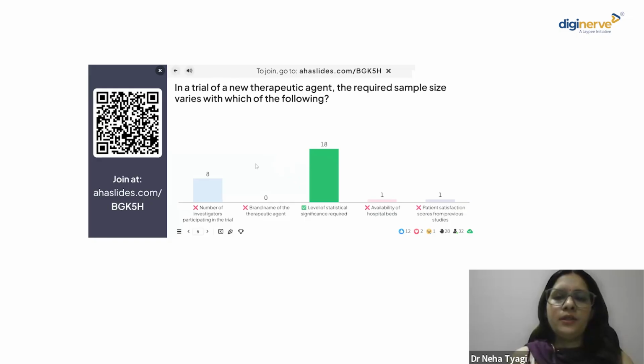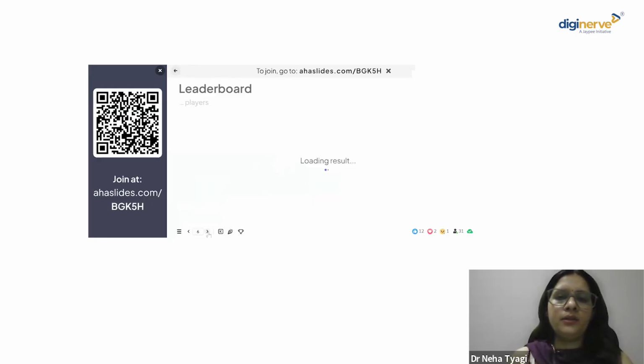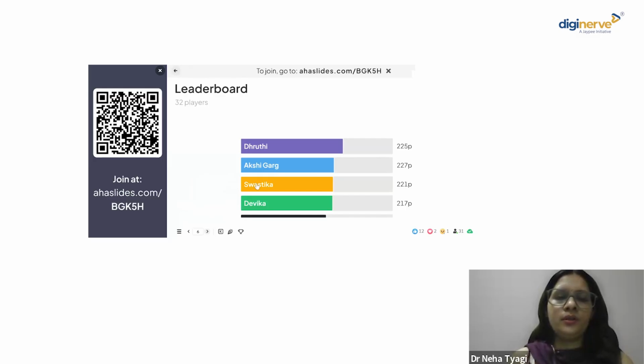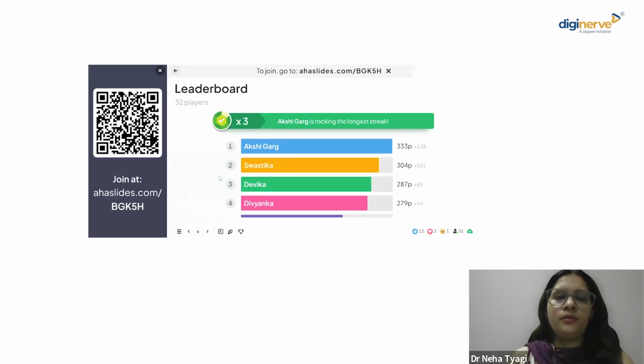So 18 have done it correctly. This is the level of statistical significance required. Let's see the leaderboard. Dr. Akshi has moved to the top spot in the leaderboard, and Akshi Garg is rocking the longest streak.